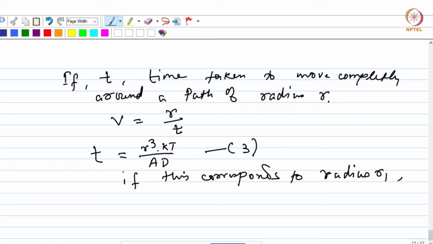So this will be the time taken by the solute atoms to move around this radius r1 completely and go to a region below the dislocation.